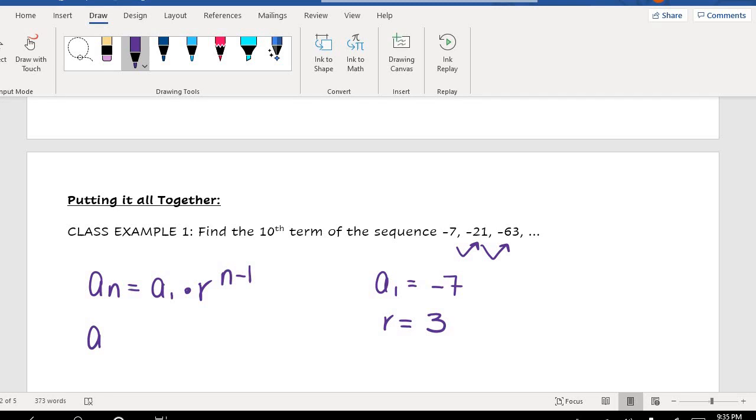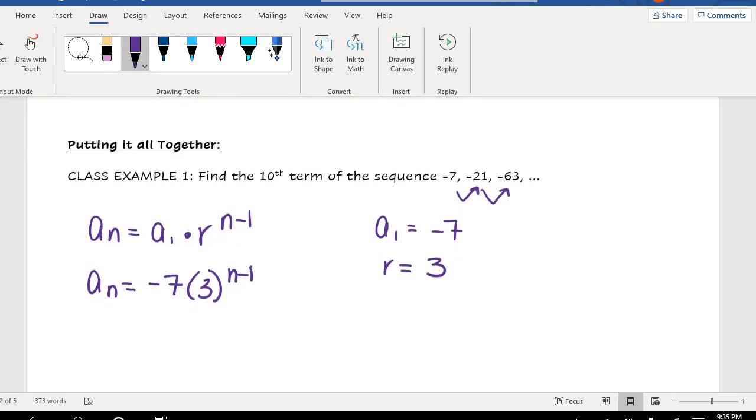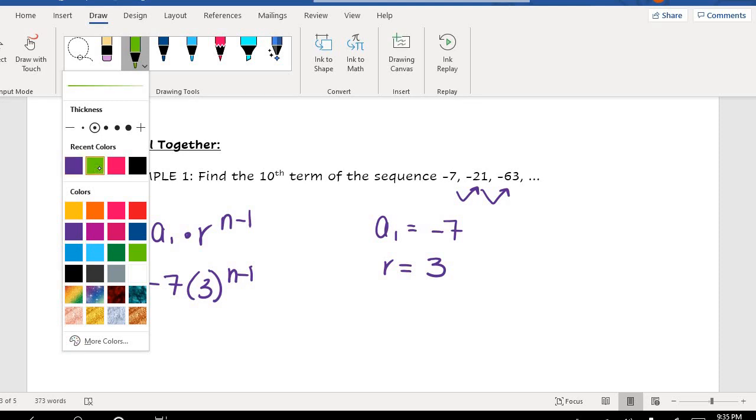So our explicit formula is going to be -7 times 3 to the n minus 1 power. All right, that's your explicit formula. Let me write that down, or I'll bubble it in a different color.